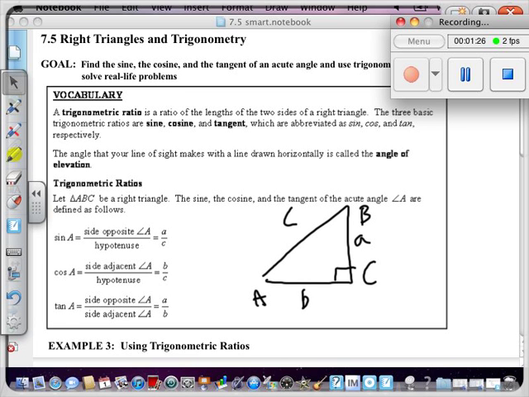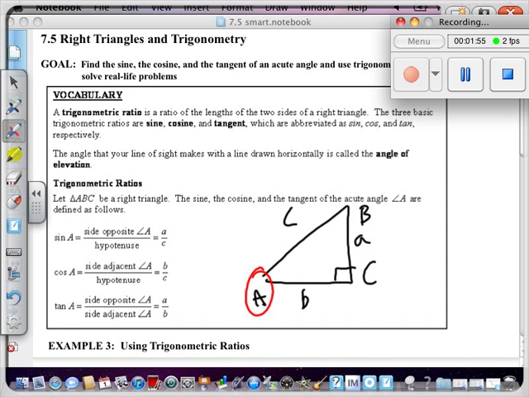If we look at angle A, we're going to talk about the sides that are adjacent, hypotenuse, or opposite of it. Adjacent means right next to. Opposite means across from. So if we look at angle A, the side opposite angle A is little a. The side hypotenuse is c.